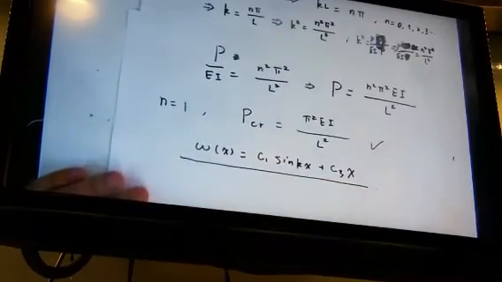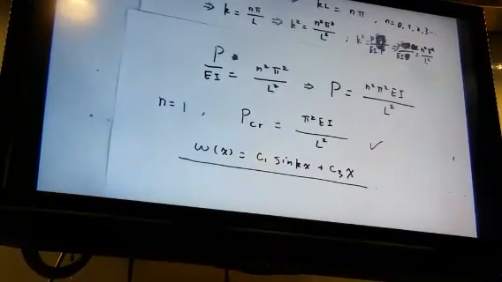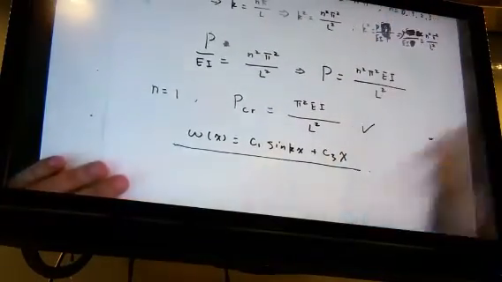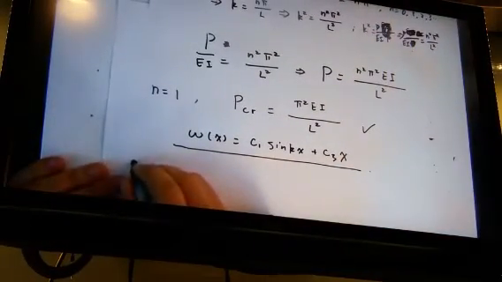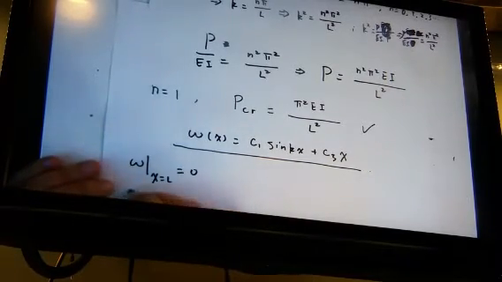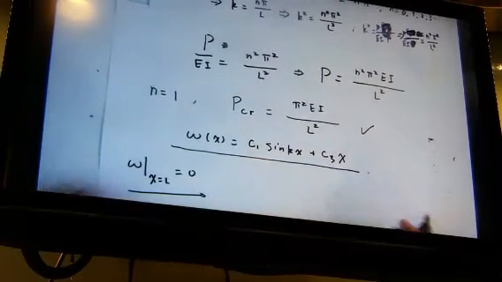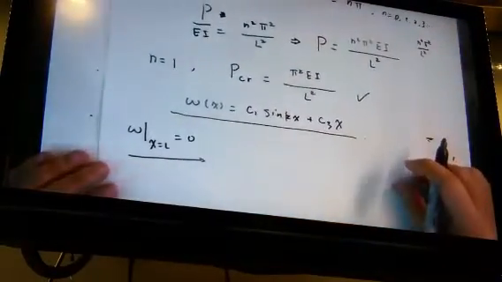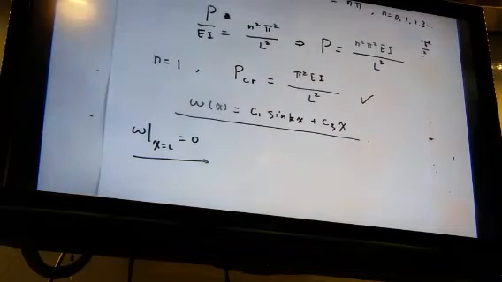So this is the deflection function, right? And the boundary condition for the pinned beam, two ends are pinned joints. So at the right end, when x equals L, there's no deflection. This is one of the boundary conditions, right?